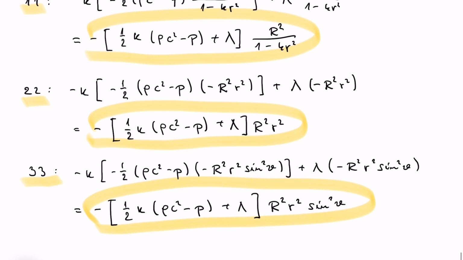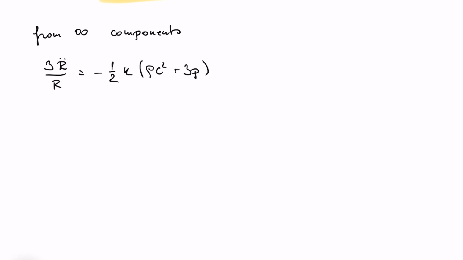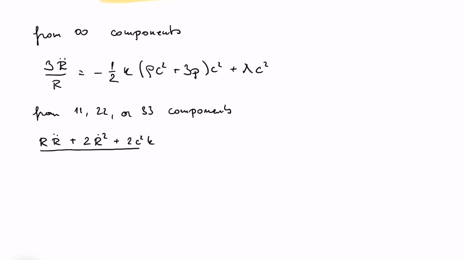So now we can put the 0, 0 component into equation with the 0, 0 component of the Ricci tensor. And if we look closely at the remaining three components, the three equations would be equivalent. So we cancel the factors on both sides and arrive at this.